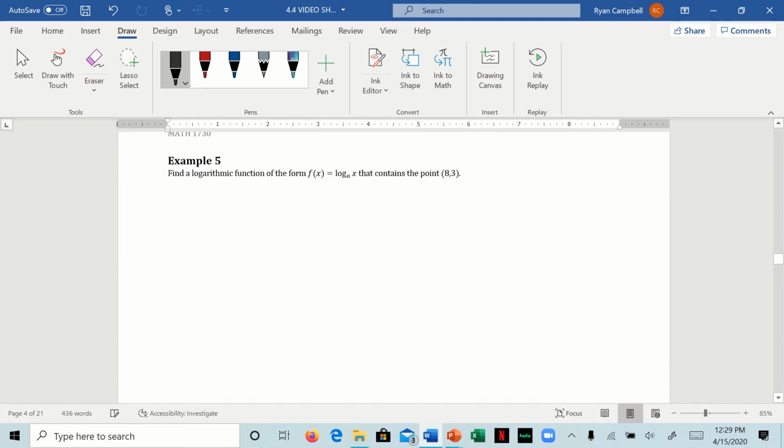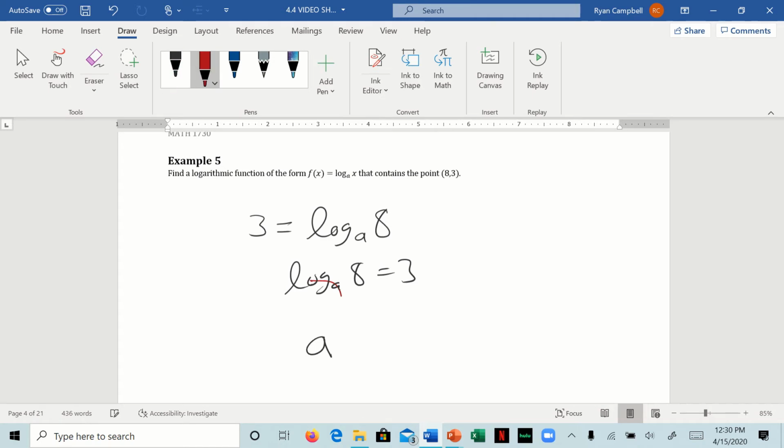All right, so find the logarithmic function of this form that contains this point. So we see that it's 3 equals log base a of 8. There we go. If we want to rearrange it to be in our exponential form, we can see a raised to the 3rd power equals 8.